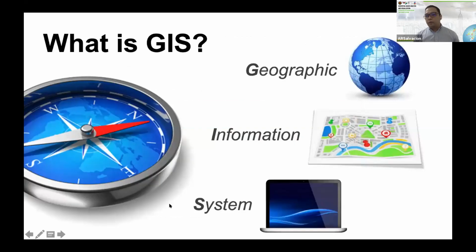Anyway, so what is GIS? GIS, as has been mentioned repeatedly earlier, stands for Geographic Information System. As a system, it has different parts. Later, I'll discuss the different components if you want to establish a GIS system, for example, in your school or in your lab.